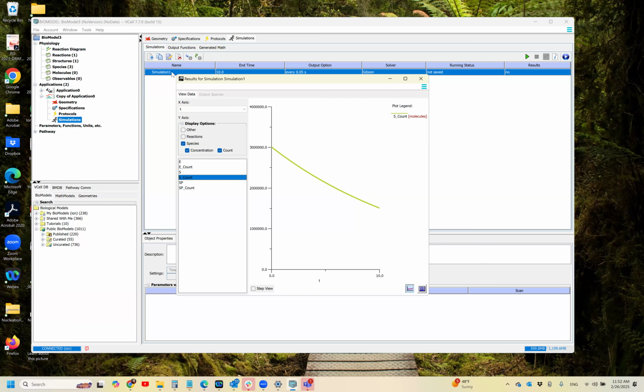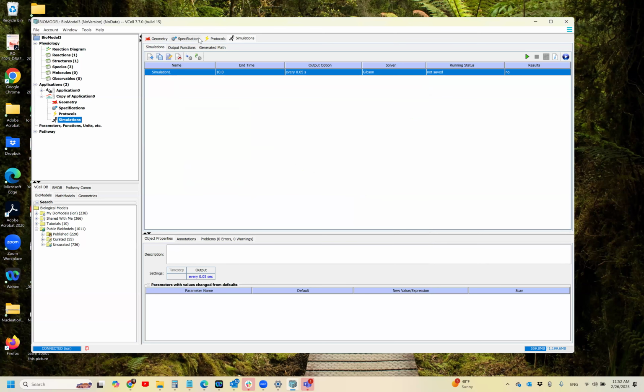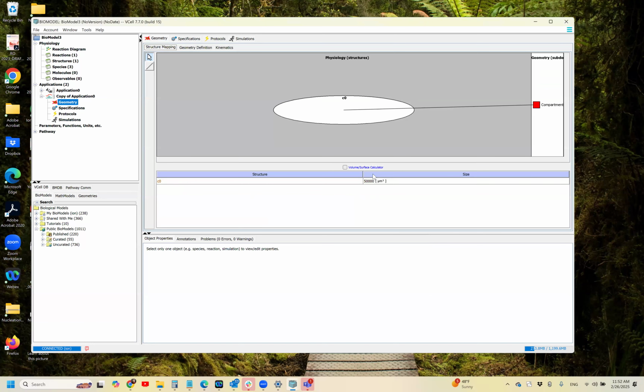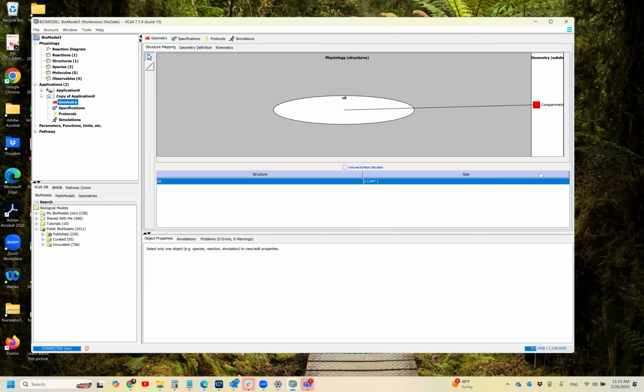Okay, now what if the same reaction would actually happen not in the volume of a large eukaryotic cell at 50,000 cubic micron, but maybe in one small bacterial cell that's approximately 1 cubic micron in size.